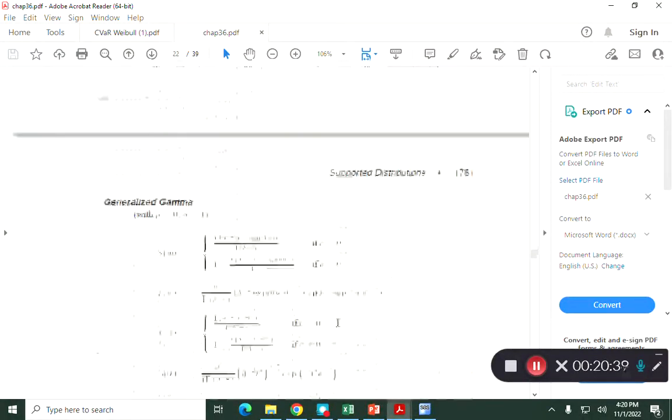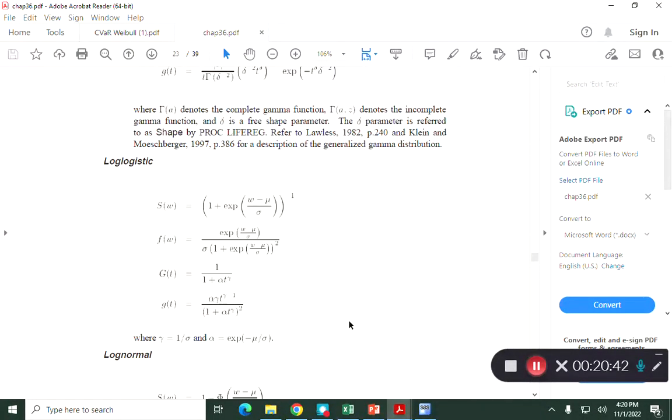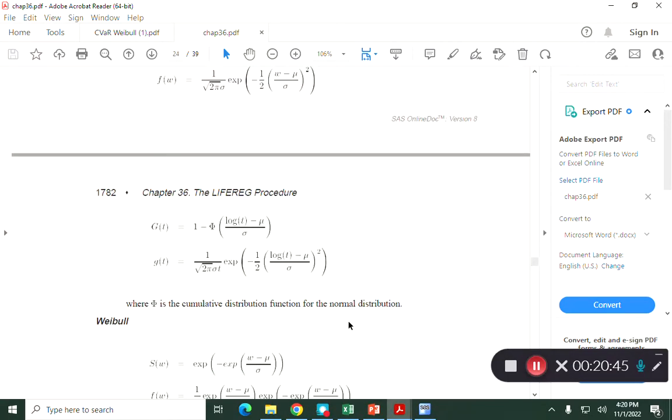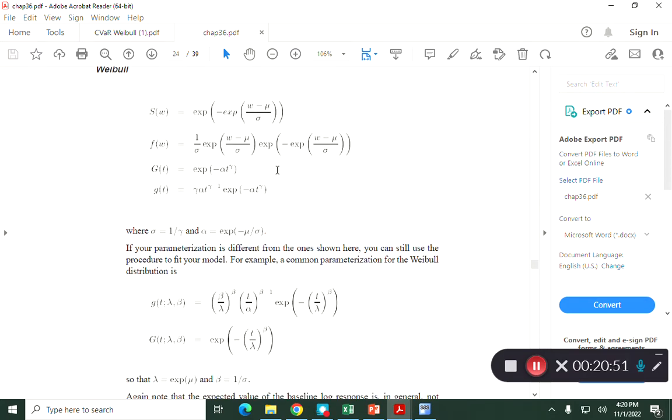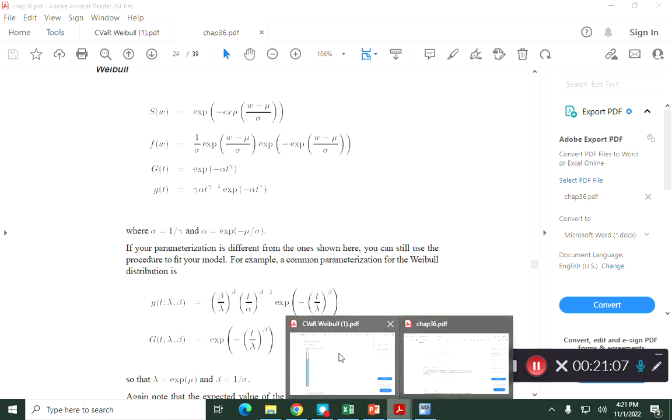Okay, so here are all the distributions supported by SAS. And I'm going to just focus on one, Weibull. And why I'm focusing on Weibull, because it also easily translates and you can use that as an example for other functions. So back to my manual here, okay?